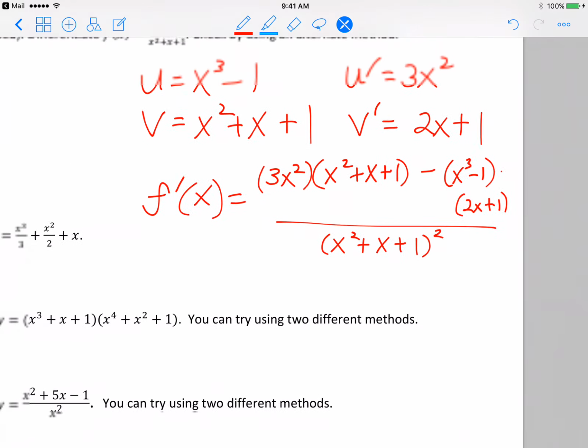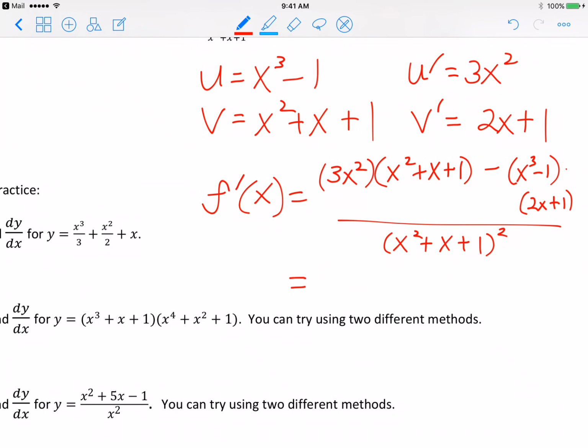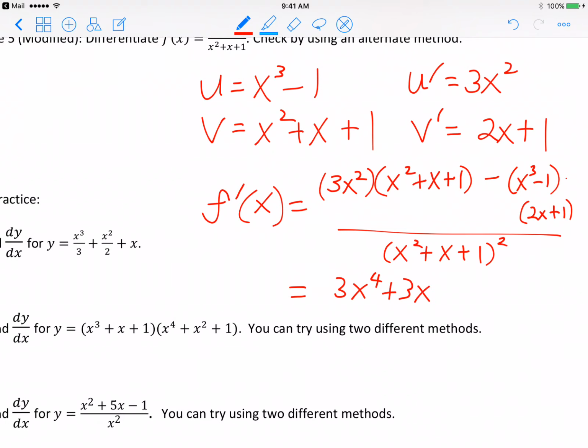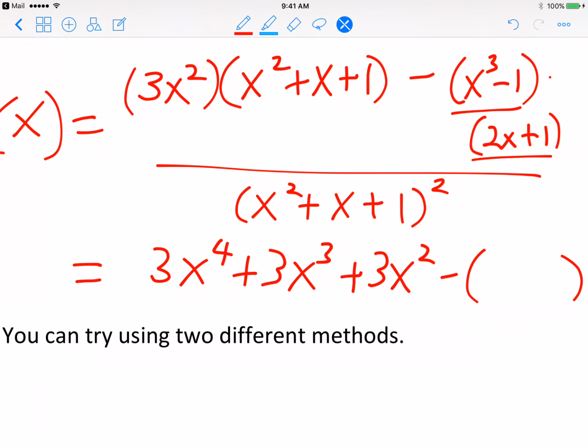And when you simplify this, this becomes 3x to the fourth power plus 3x to the third power plus 3x squared minus whatever the answer for the product of the last two factors is. I need more space for that. So let's see what that would be.